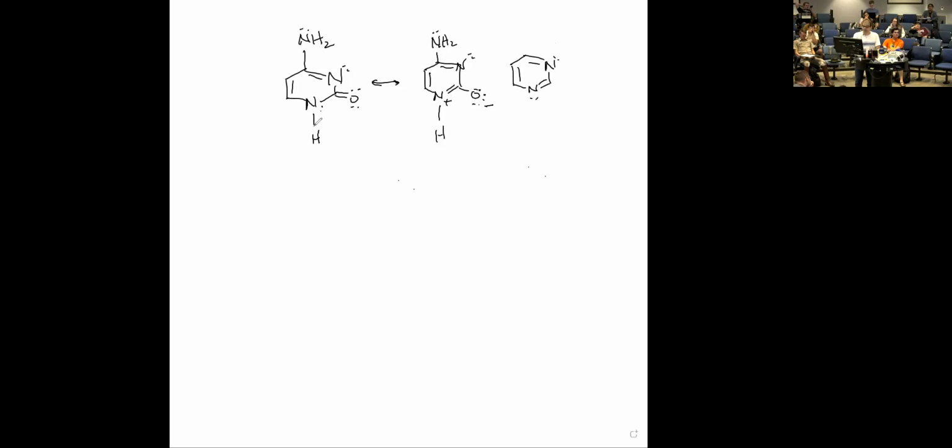And so this electron configuration is much more capable of accepting hydrogen bonds than that one is. So even though this does account for a small portion of the overall structure of cytosine, the structure is really better described by this type of structure.